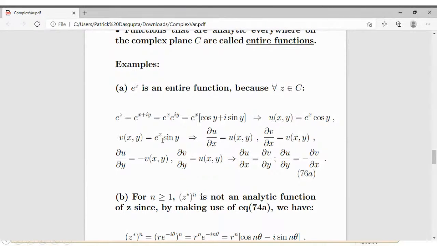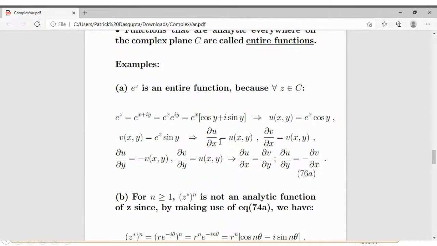Okay. Now let's check whether the Cauchy-Riemann conditions are satisfied. Now remember, we are referring to these calculations at arbitrary point x and y.